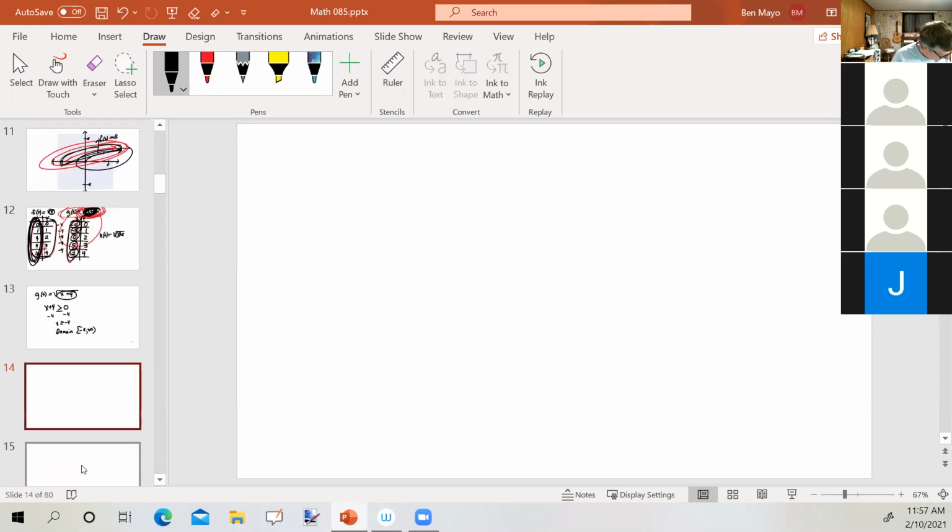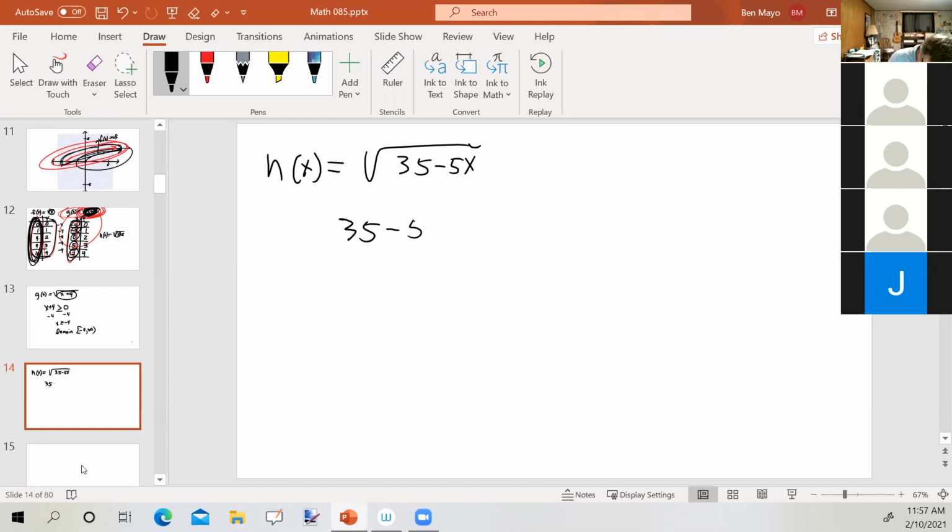All right, how about this? H of x equals the square root of 35 minus 5x. We want to know the domain. So again, we take the radicand, make it greater than or equal to 0. So then it's positive or 0. It's not negative.